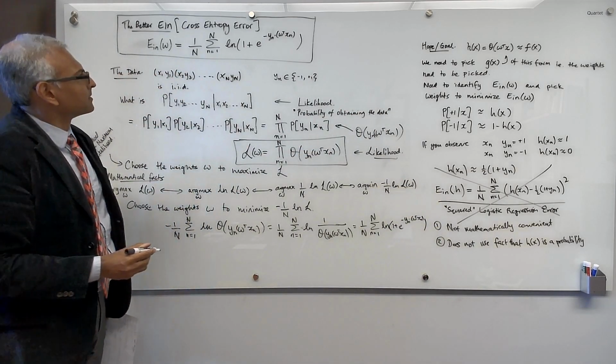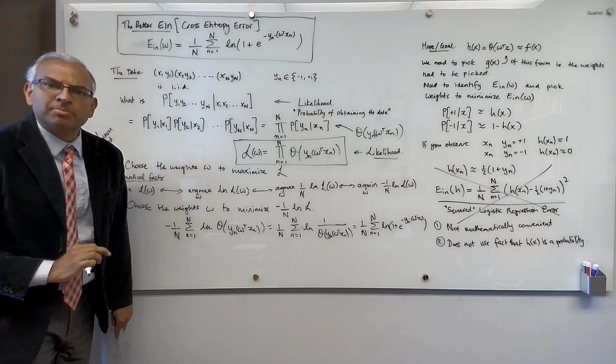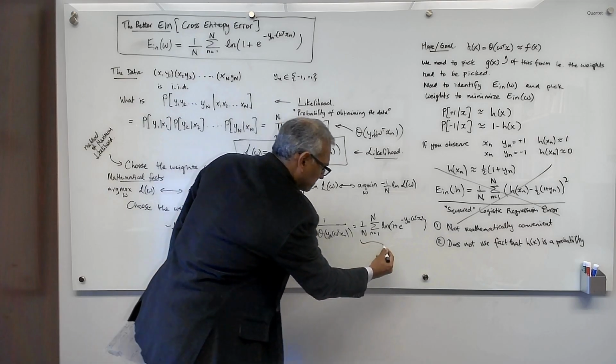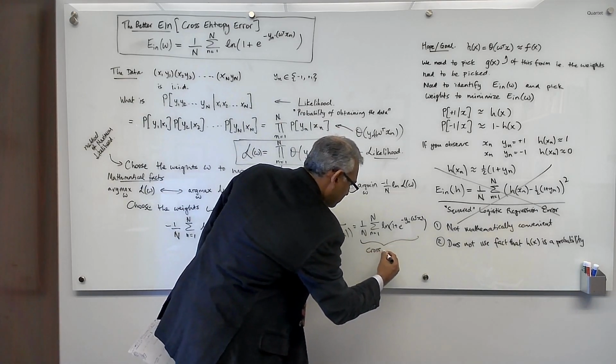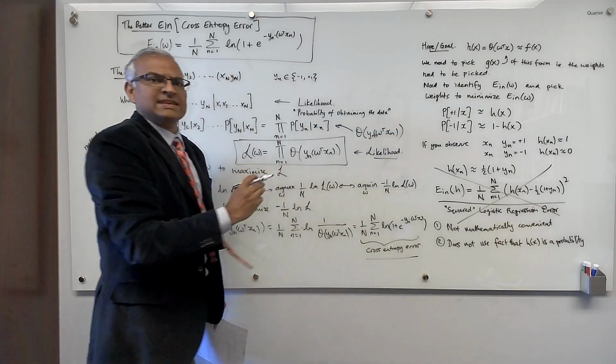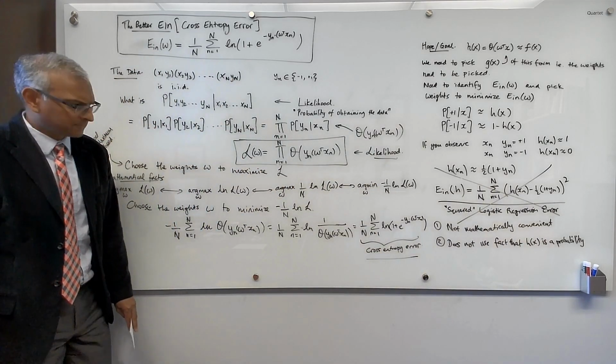There. That's exactly the ensemble error that I claimed we were going to derive. We have derived the cross-entropy error. Wonderful.